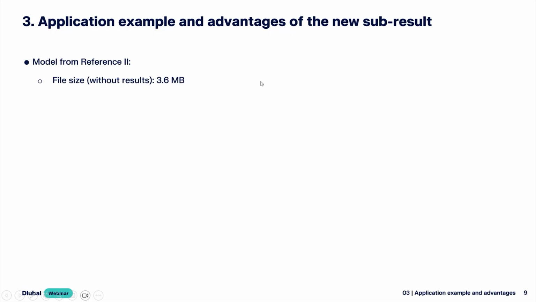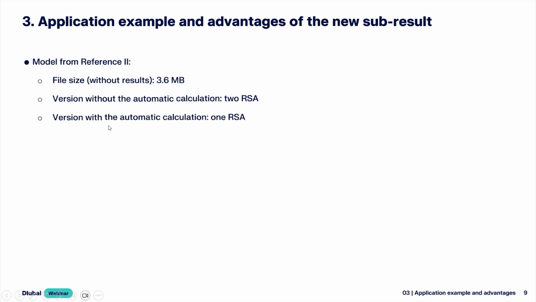Okay, so the base size of the file is 3.6 megabytes. We did a version without the automatic calculation, so we need 2 RSA. That means that in the results we are going to have more data. In the version with the automatic calculation, we have just one response spectrum analysis, but with one additional entry.